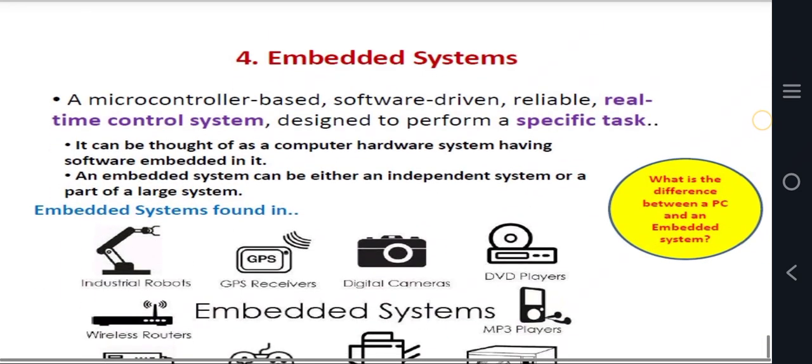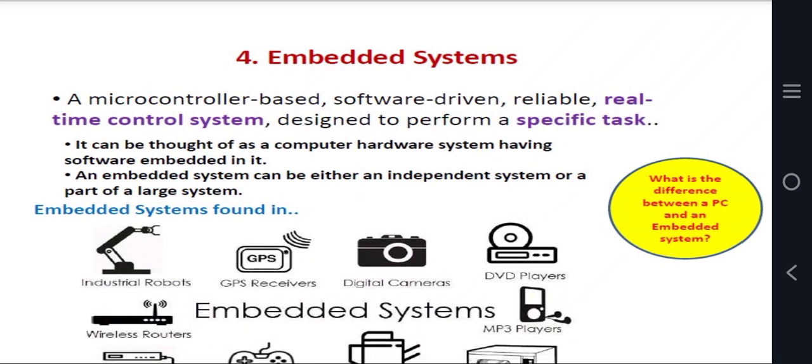The next field is embedded system. Embedded system is nothing but a combination of hardware as well as software. A microcontroller based, software driven, reliable, real-time control system designed to perform a specific task is represented as an embedded system.